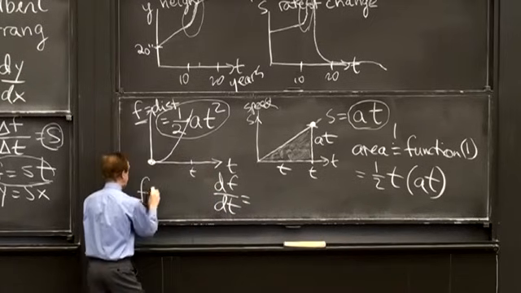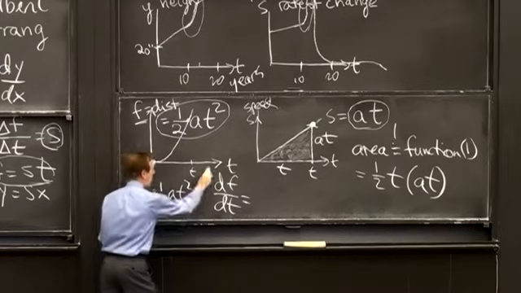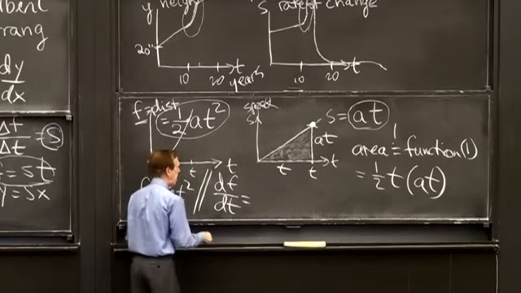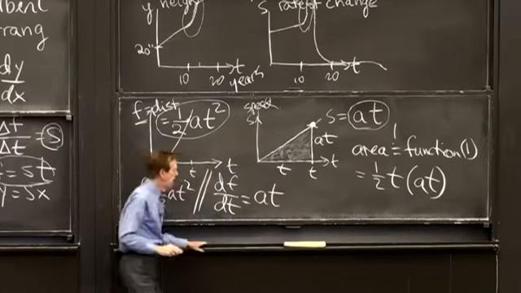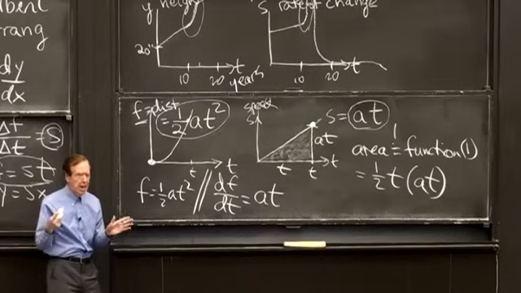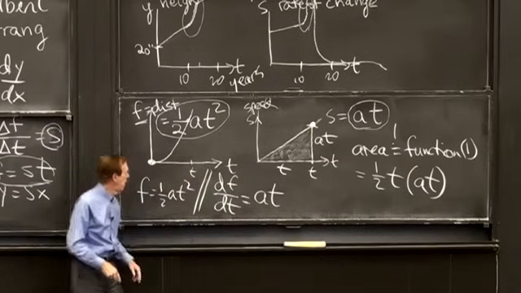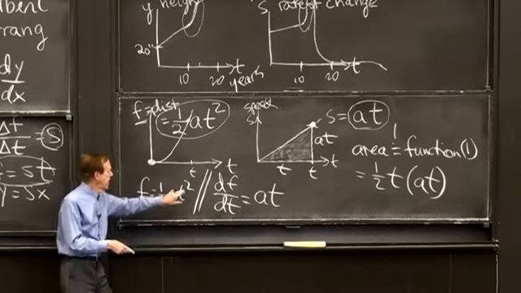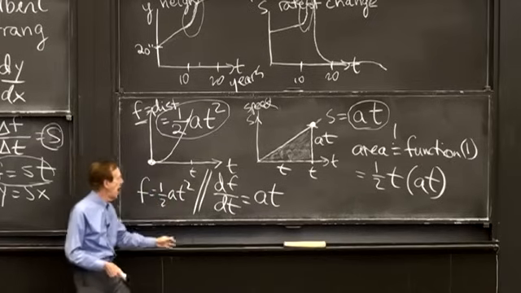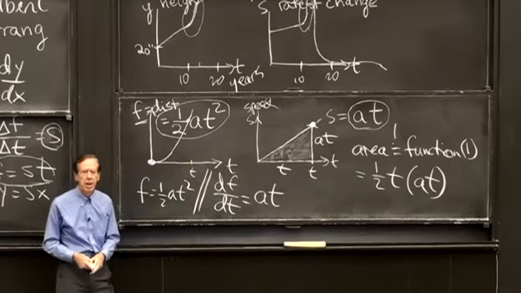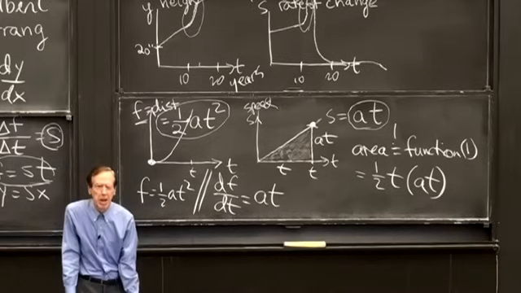If F is 1/2 of a t squared, then dF dt is a t. You'll see this rule again. The power 2 dropped to a power 1, but that 2 multiplied the thing, so it canceled the half and just left the a. Okay, that's a start on the highlights of calculus.